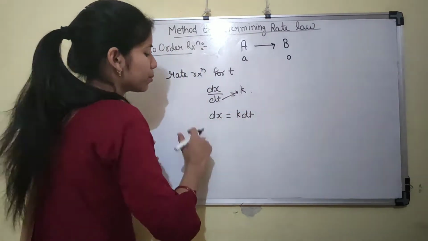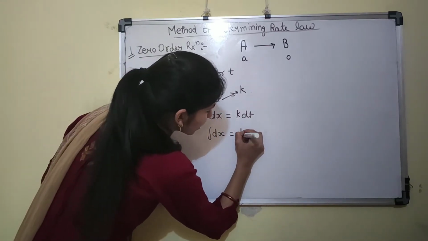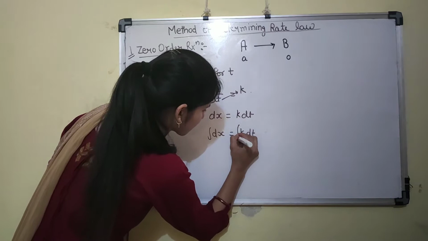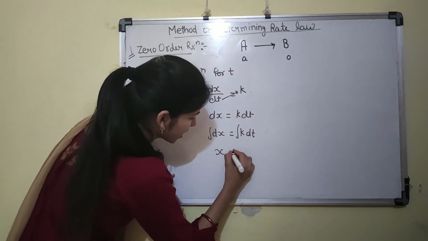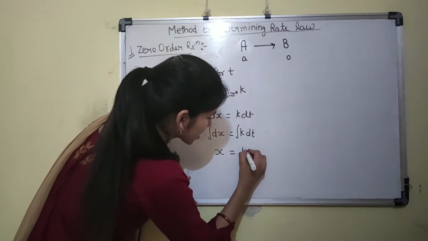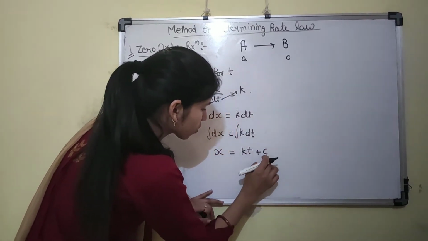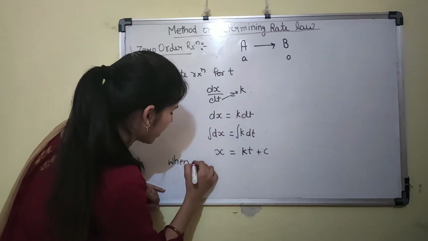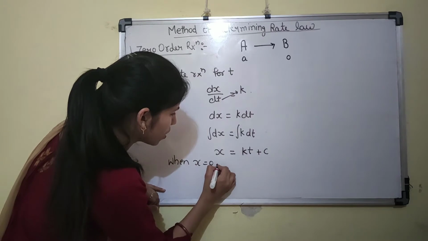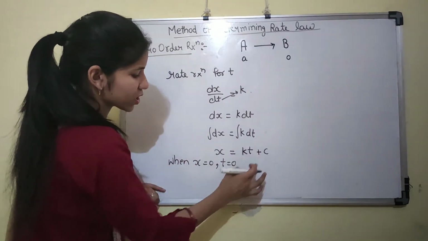Now integrating both sides, dx is equal to k dt. When we solve this integration, x is equal to kt plus c, where k is constant and c is the constant of integration. When x is equal to 0 and t is equal to 0, put this value in this equation.